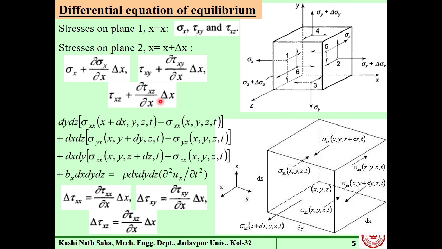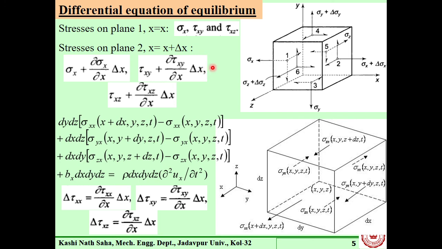Now you see, these differential parts are shown here. This delta x is basically dx. So when we multiply with this, we will get a term dx dy dz. Here also this differential, delta y into delta z, I am sorry.